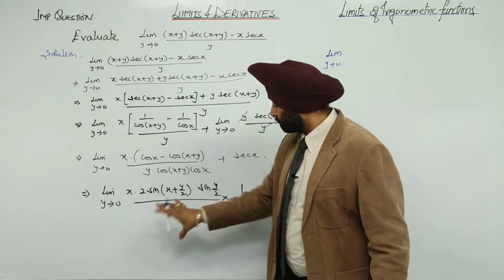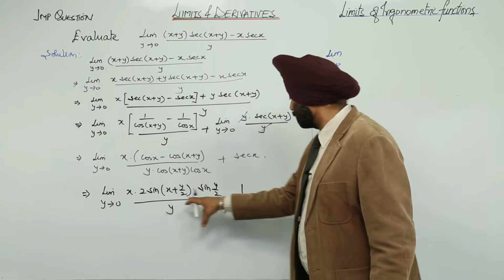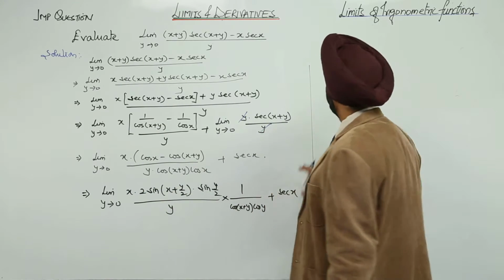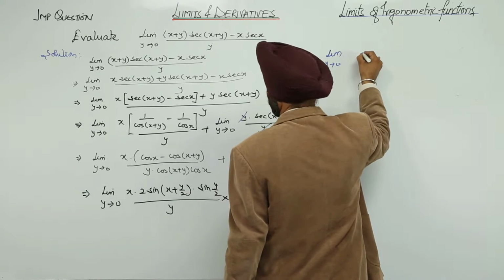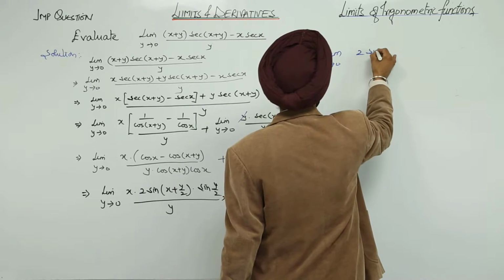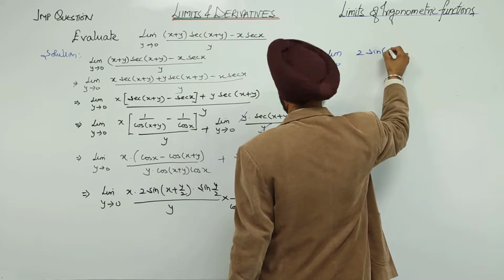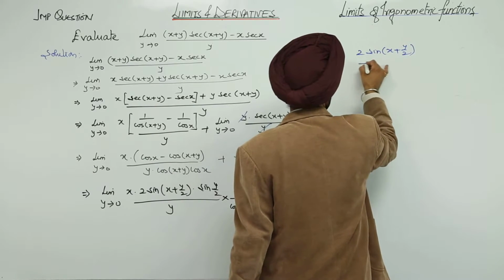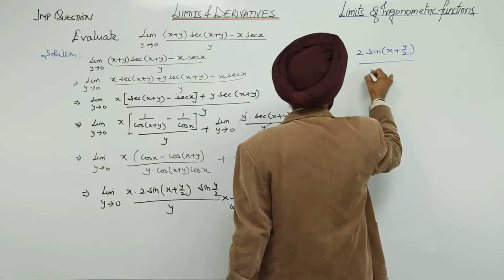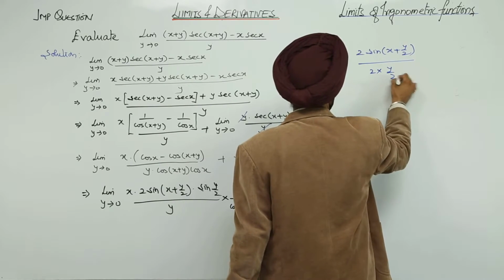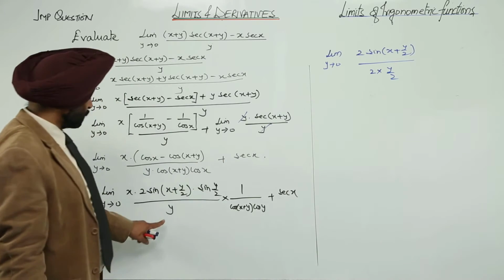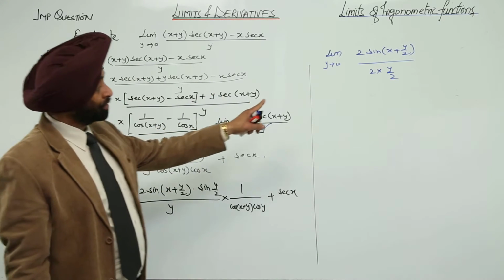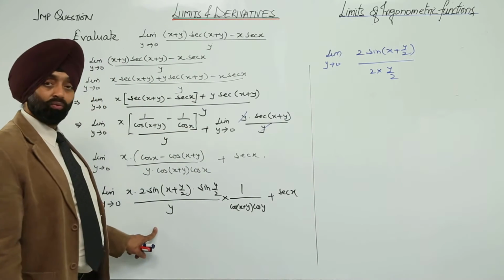Now for this part, first of all this is a multiplication, so I am just writing x this side. Now this becomes 2 sin x plus y upon 2, times y upon 2. Just for this part y, I have taken 2 times y upon 2, that means 2 and 2 cancel, and we are left with y itself.